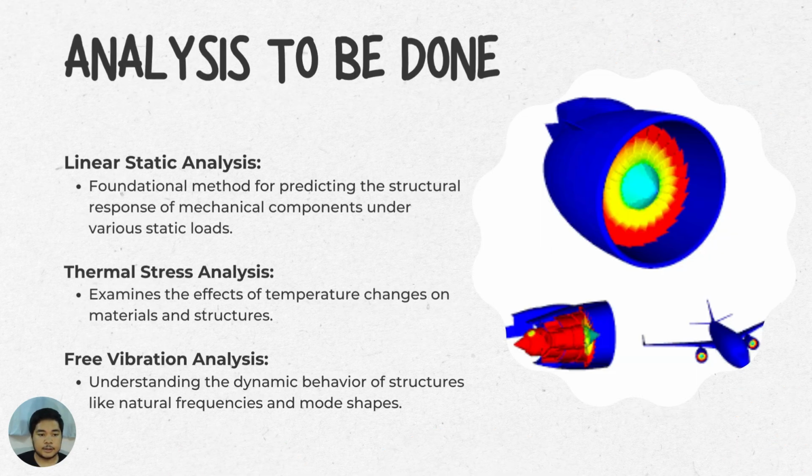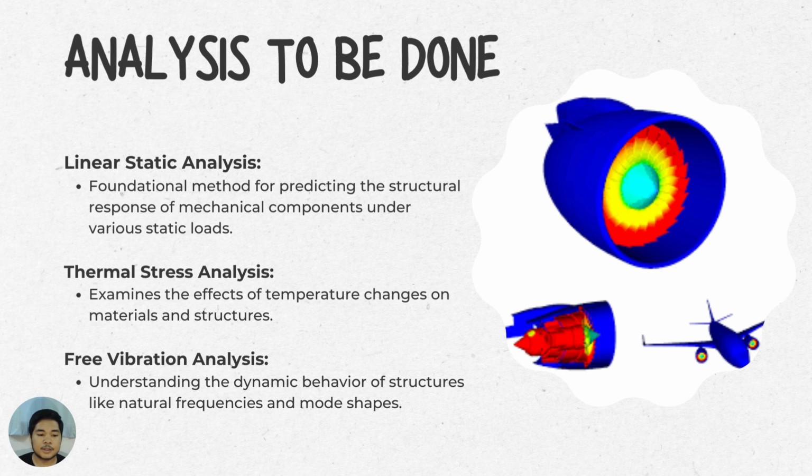Next, the analyses that we need to do are: first, linear static analysis. Linear static analysis is a foundational method for predicting the structural response of mechanical components under various static loads. Analysis number 2, thermal stress analysis.